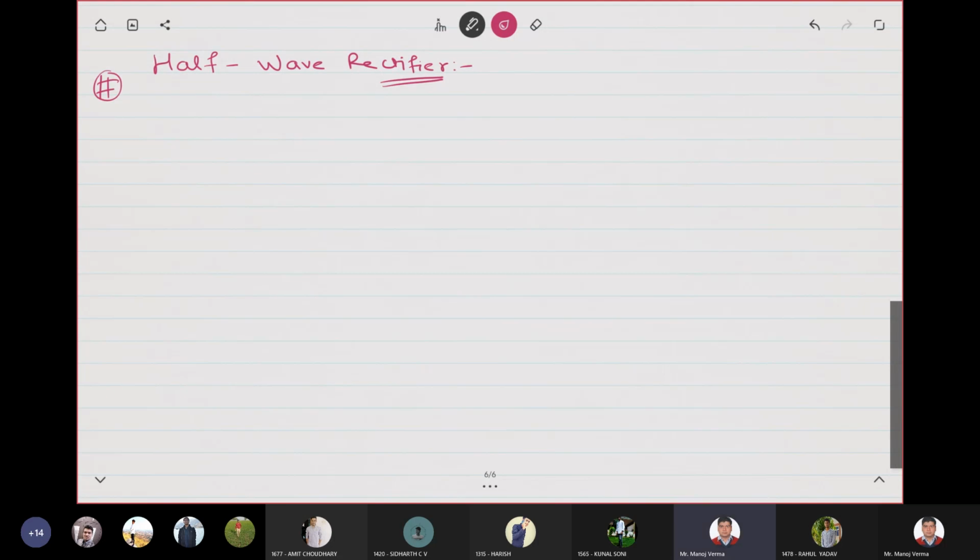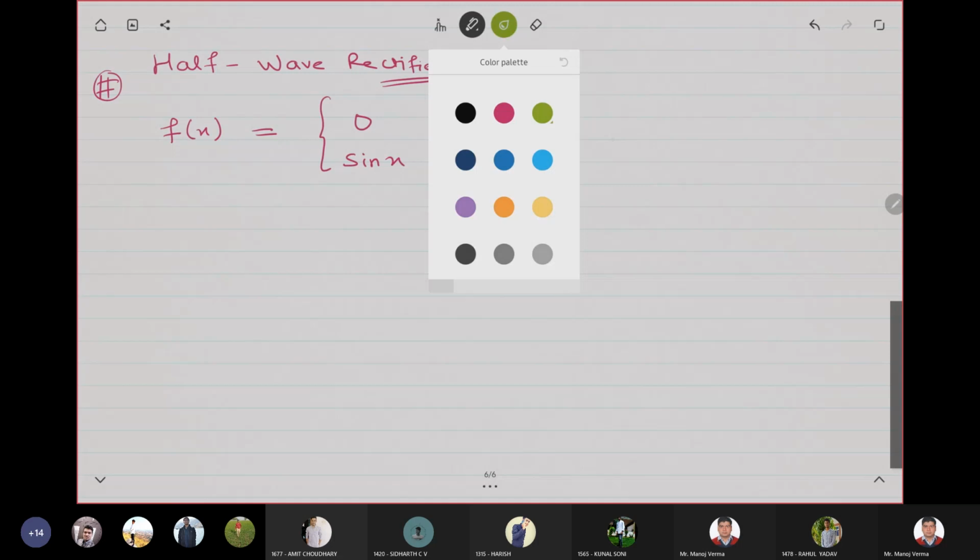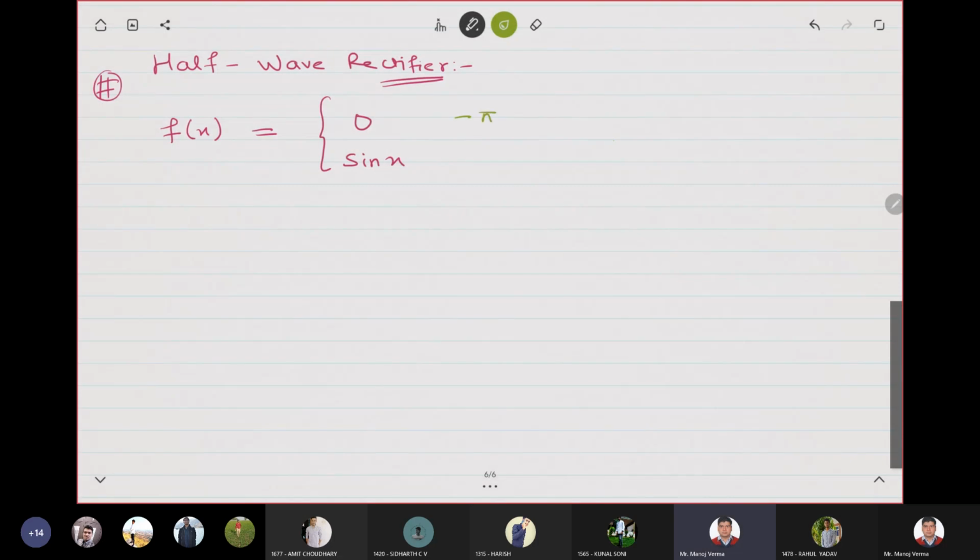So for the half wave rectifier, the function which defines the output is something like this. It is 0 from minus pi to 0, and from 0 to pi it is equal to sin x. If I plot this function, it will be very simple.